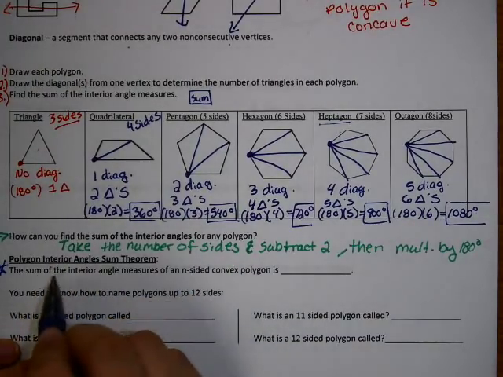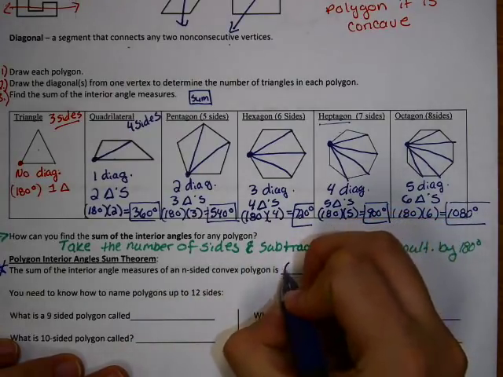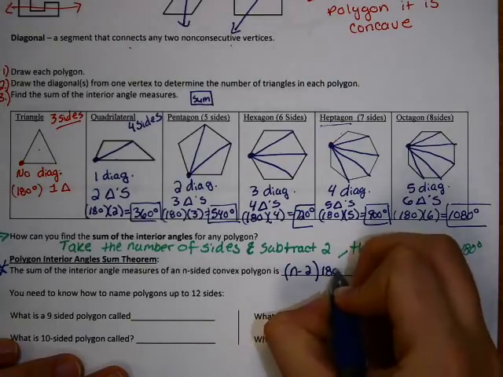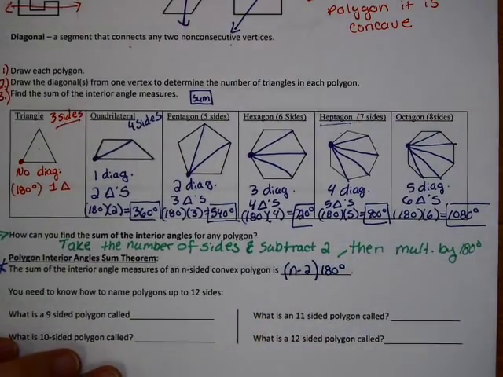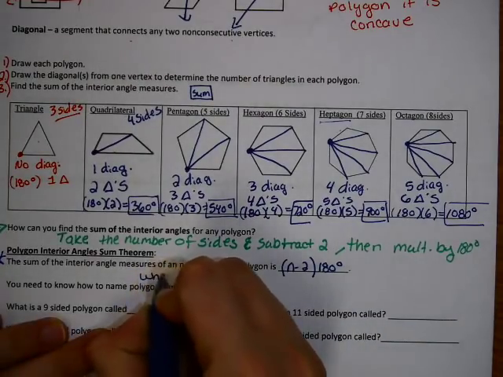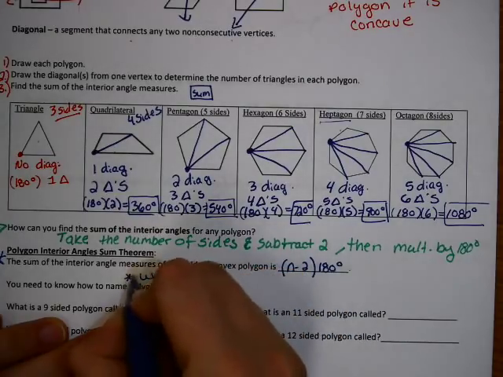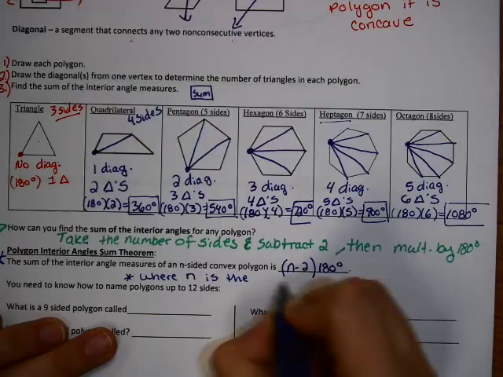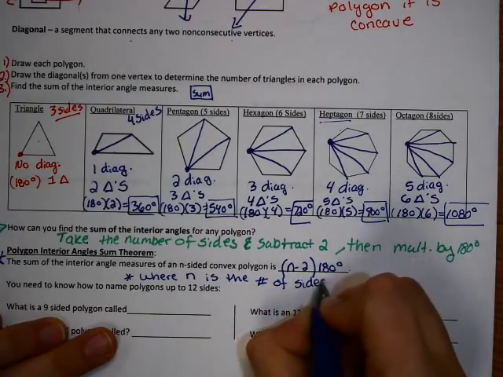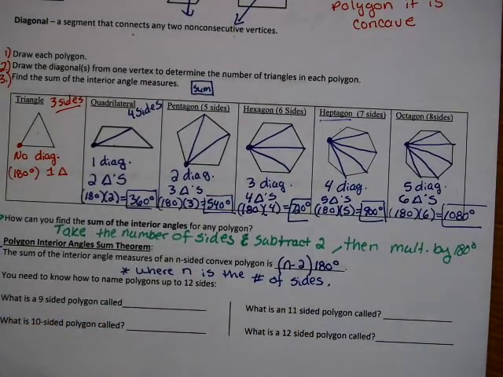So the sum of the interior angle measures of an n-sided convex polygon is (n minus 2) times 180 degrees, right? Where n is the number of sides. Okay, that's why in the theorem it says n-sided. N is the number of sides.